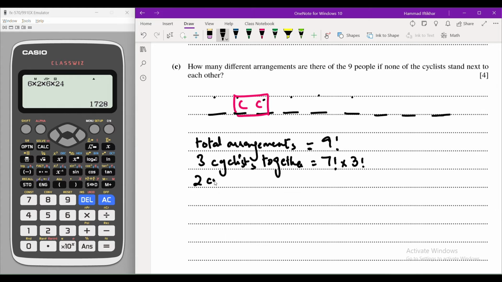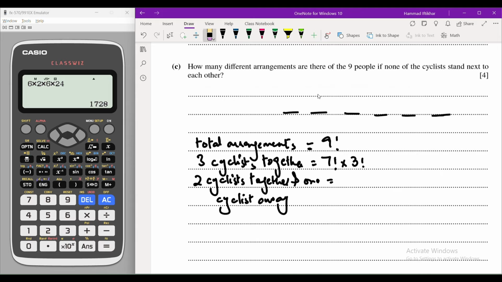So 2 cyclists together and 1 cyclist away.